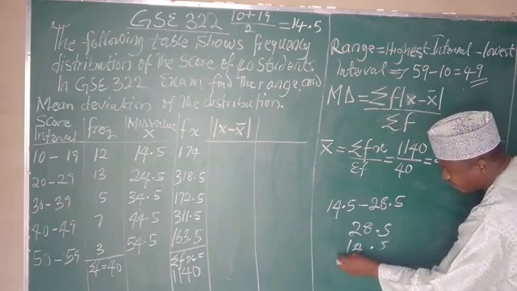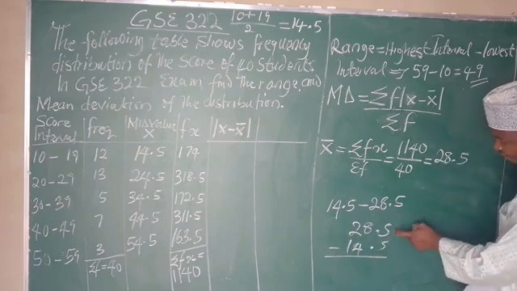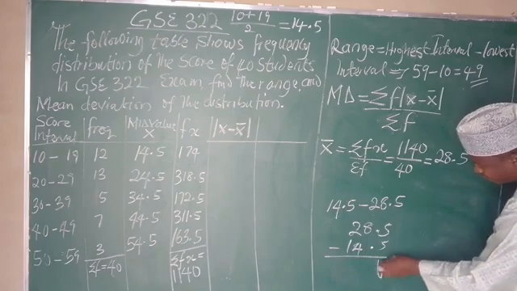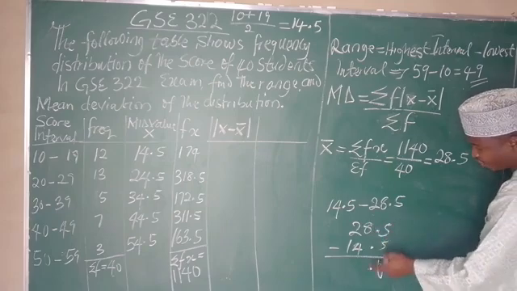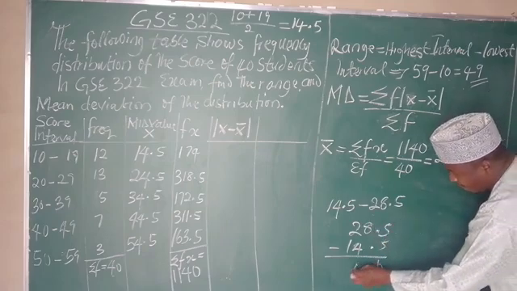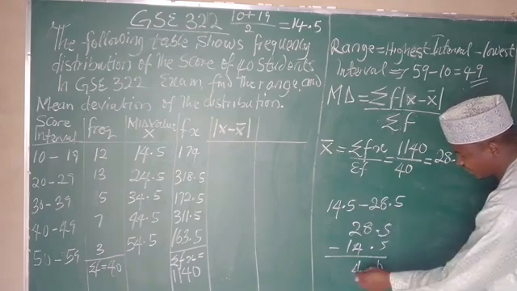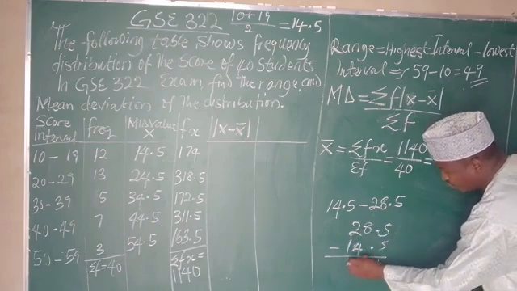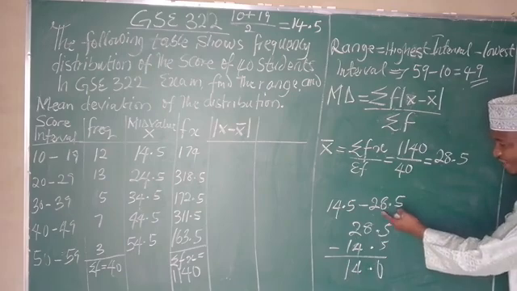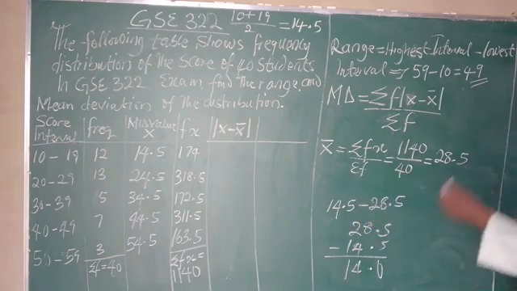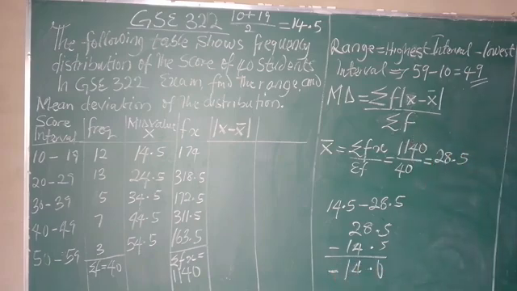14.5. Therefore, 5 minus 5, we have 0, then the decimal point, 8 minus 4 is going to give us 4, then 2 minus 1 is going to give us 1. But remember, this is bigger and this is smaller, so we have to introduce minus, because the answer must definitely come with the minus.